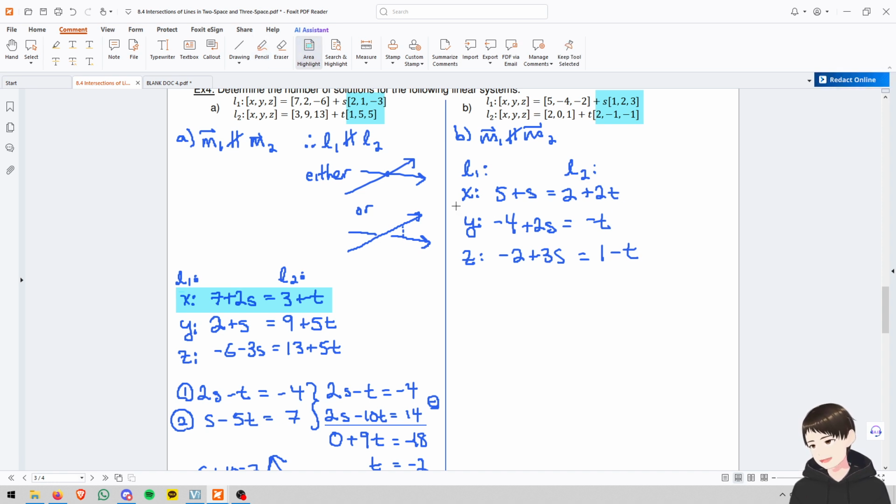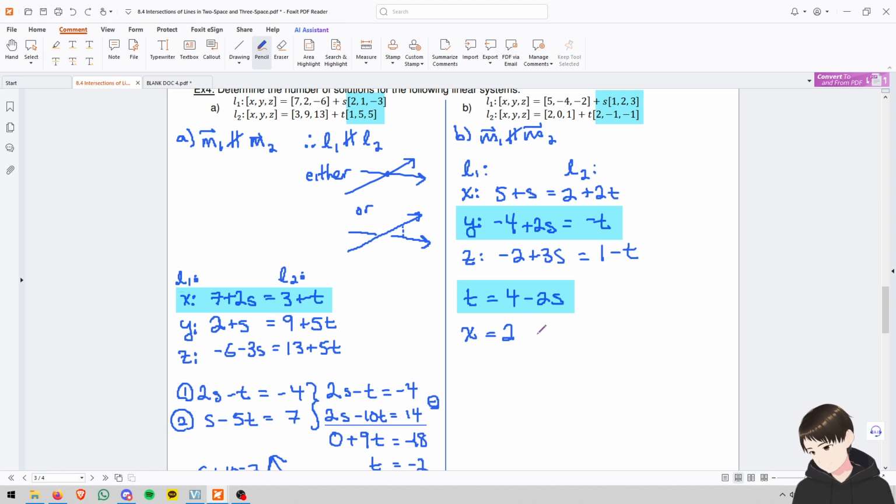You know what? Maybe it's easier to substitute this time. So I'm going to say t must be 4 minus 2s. Let's plug that in everywhere. For the x's, 5 plus s is equal to 2 plus 2t, which is 2 plus 8 minus 4s.